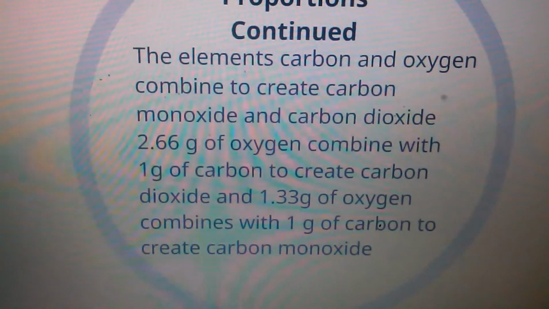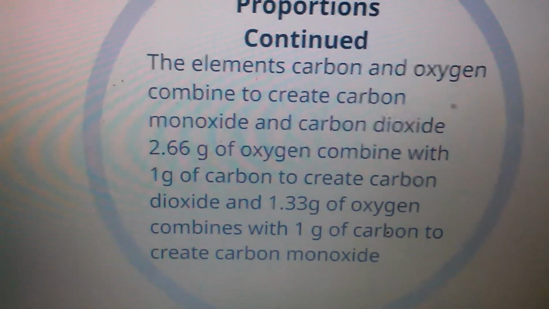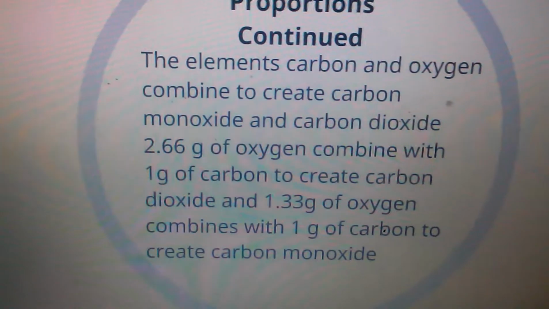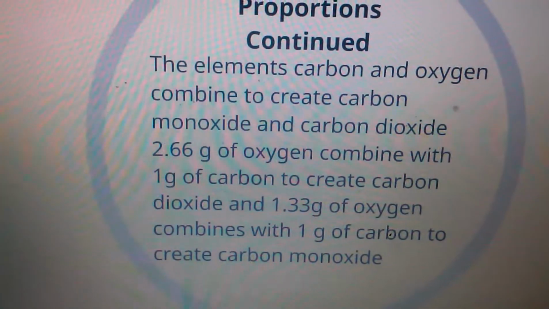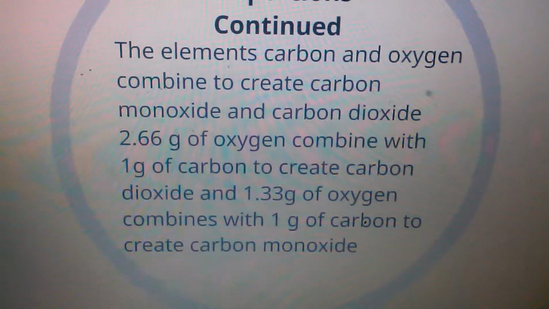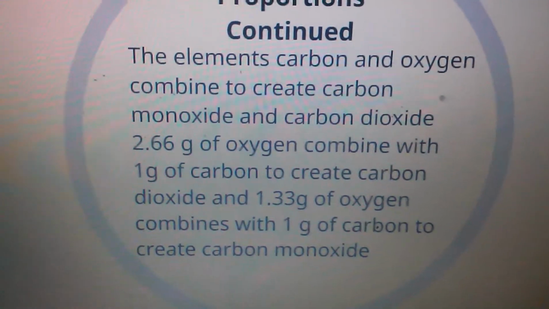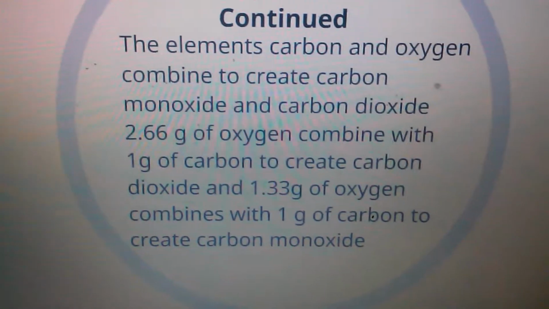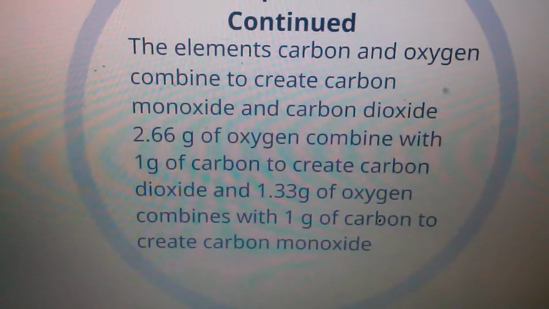In order to get carbon dioxide, you need 2.66 grams of oxygen to combine with a constant of 1 gram of carbon. In order to get carbon monoxide, you have to have 1.33 grams of oxygen, and that combines with 1 gram of carbon.